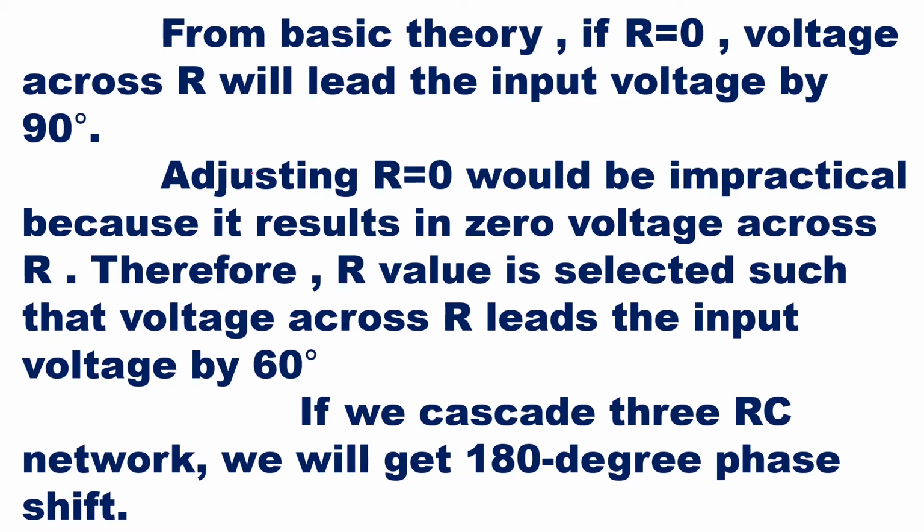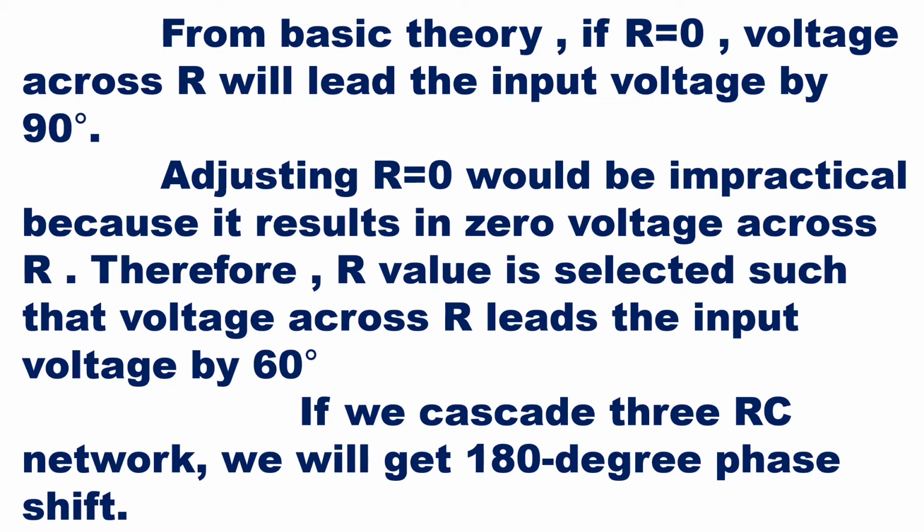So the R1 that we have taken in the circuit, here we have mentioned as R. If that resistance is equal to 0, then the voltage across the resistance will lead the input voltage by 90-degree. If you keep the resistance 0, it will not be a practical circuit because it will result in 0 voltage across the resistance.